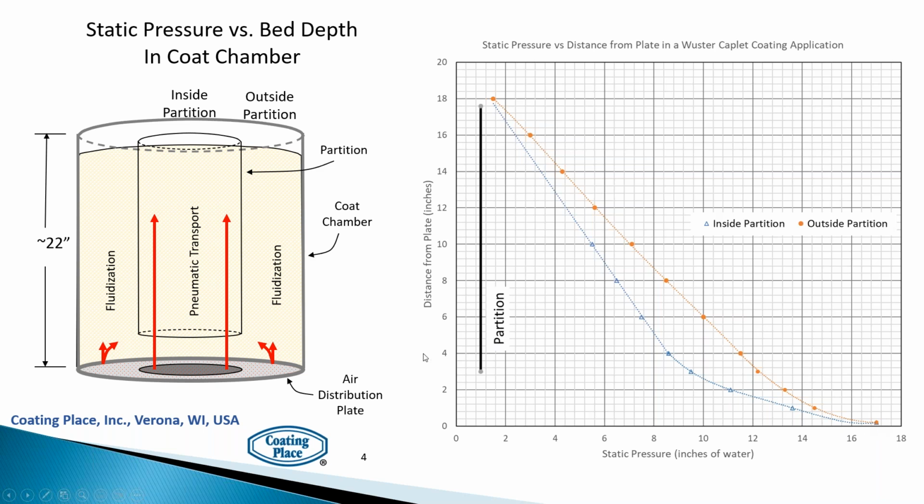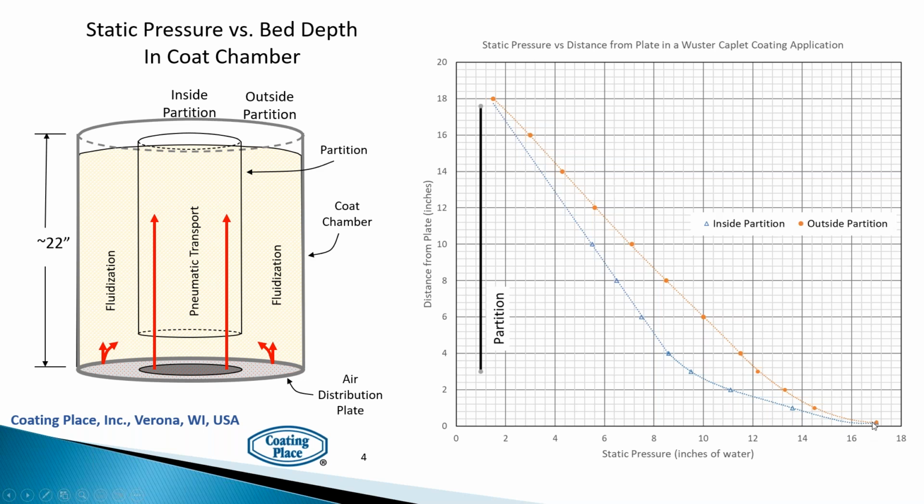And there's an underlying assumption in this as well, and that is that the pressure immediately under the fluidization plate is the same across that entire underside of the plate, and the pressure immediately above the plate is the same across that entire plate.